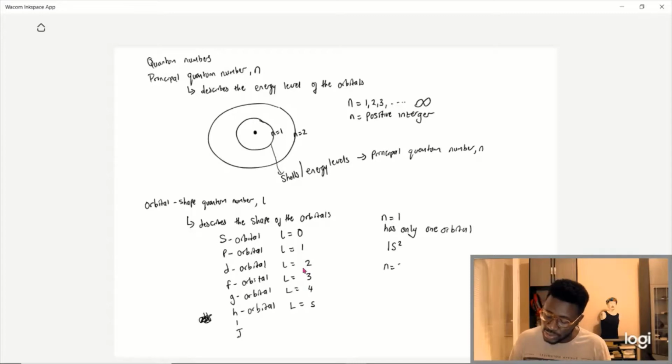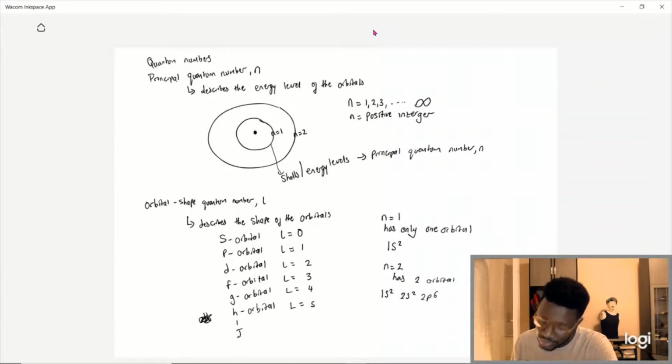The second energy level has how many orbitals? You have 1s2, then you have 2s2, 2p6. When n is equal to 2, it has 2 orbitals.